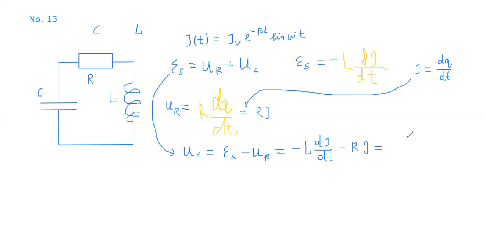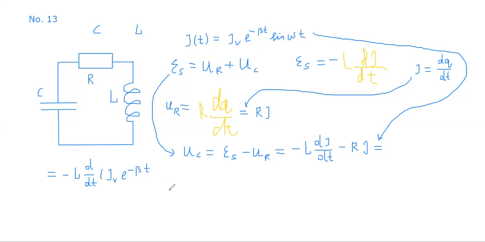Okay, and from here we can write that this is equal to minus L di by dt of I v e to the power of minus beta t sine, it is better maybe to write here omega v.